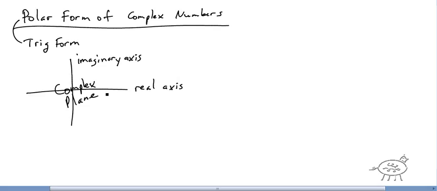And you have your a plus bi, and of course, a goes on the real axis, and that number b goes on the imaginary axis. Okay, so pretty easy. Let's make a quick sketch then.